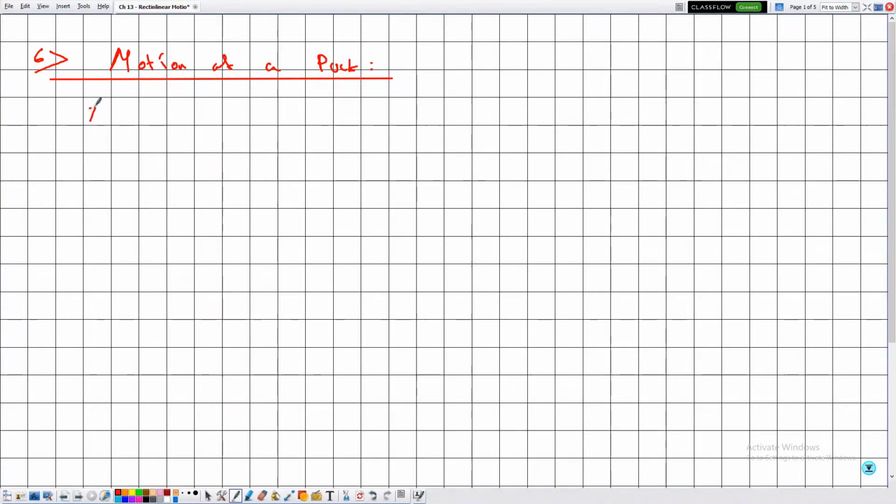So the puck is an object moving along a support in which it registers a dot, and here the dot means a point made up of ink.